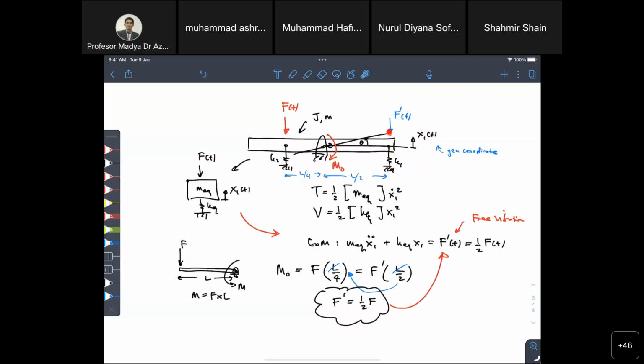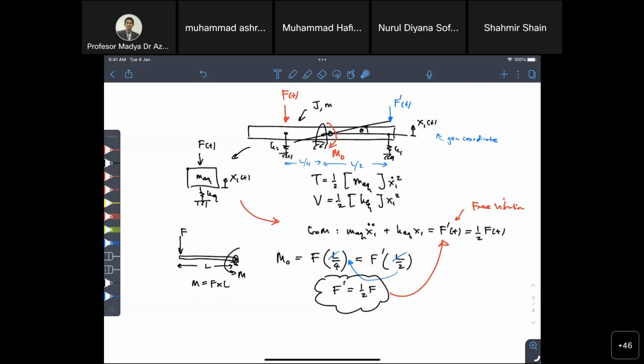If the generalized coordinate is here, then put it there. So this is the first method, the equal moment method.